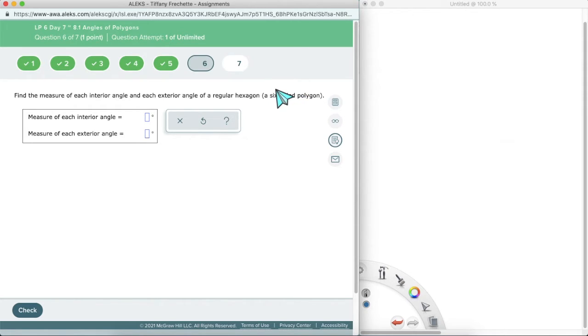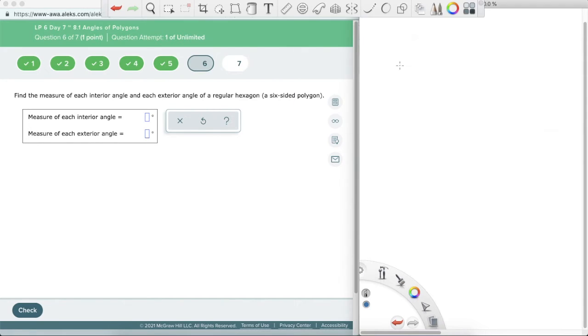So we're going to use that S equals 180 times n minus 2, so 6 minus 2. So I have 180 times 4. So I get 720.